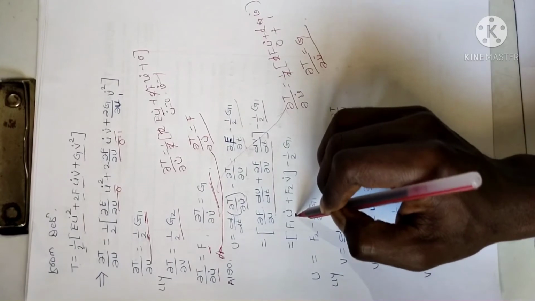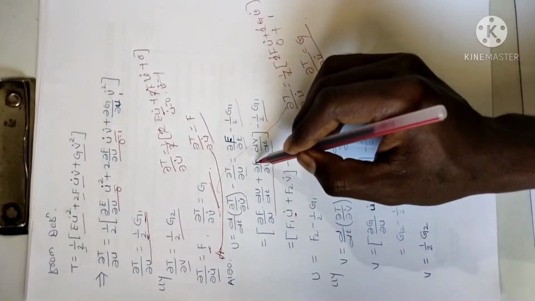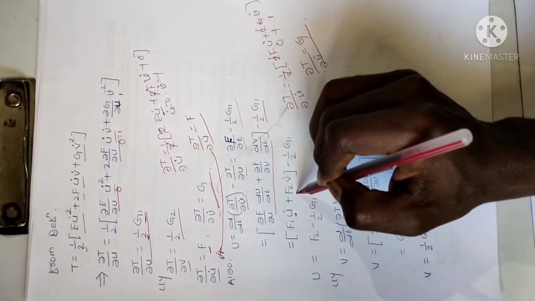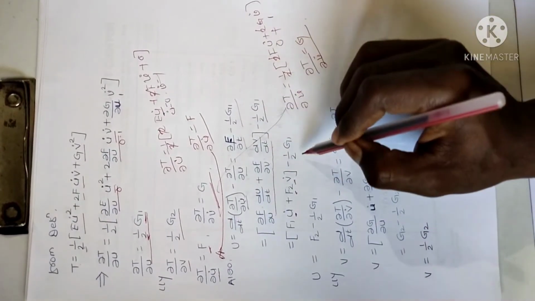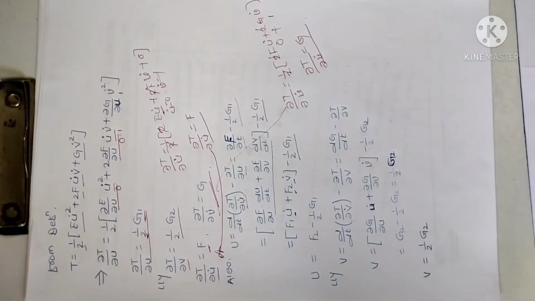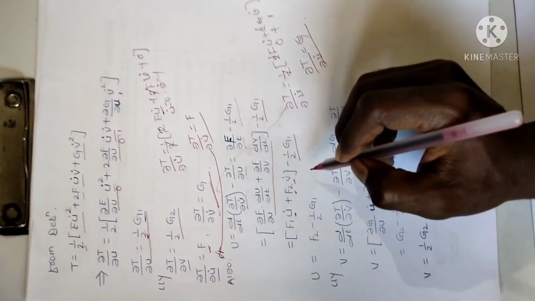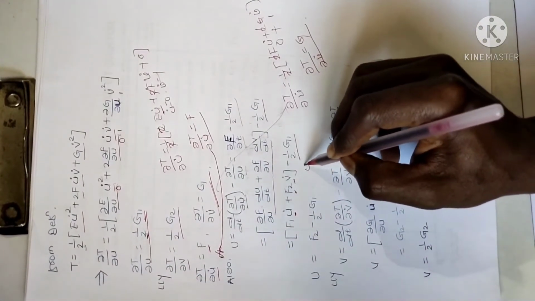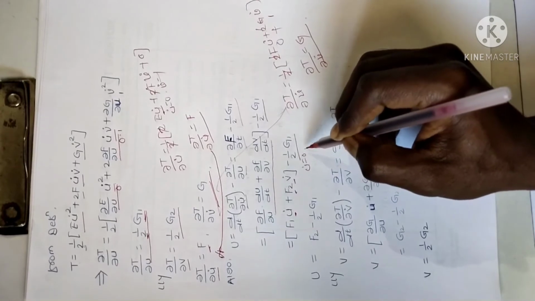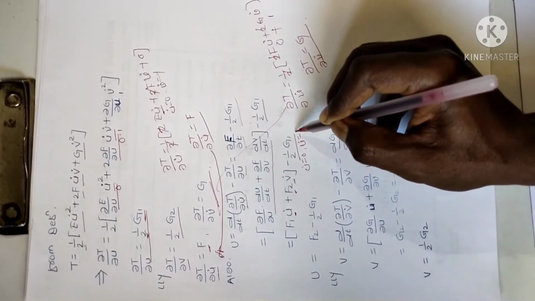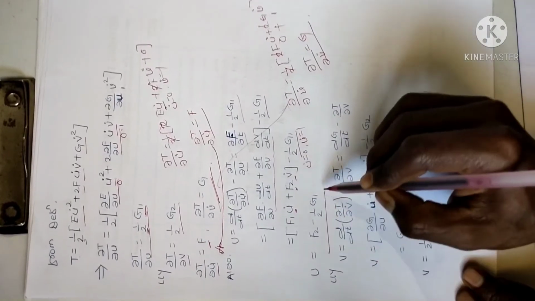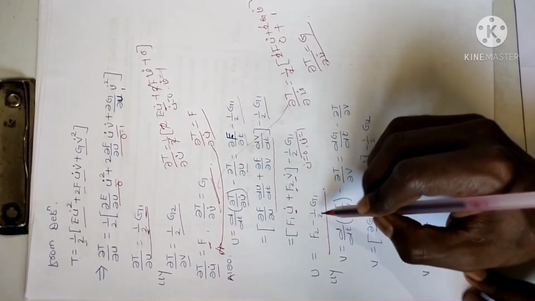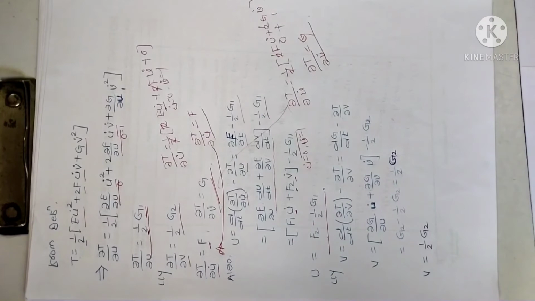And again the value of ∂F/∂u is F1 and du/dt is u dot, plus ∂F/∂v is the value F2 and the value of dv/dt means v dot, minus half of G1. Substitute here the parametric values: u dot is equal to 0 and v dot is equal to 1. Then we get capital U is equal to F2 minus half of G1.